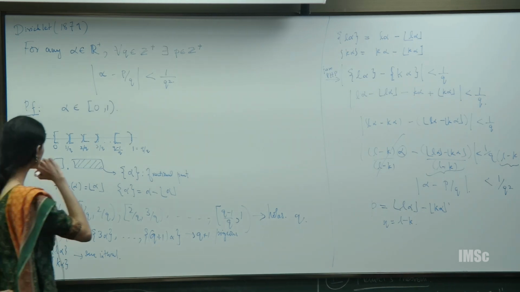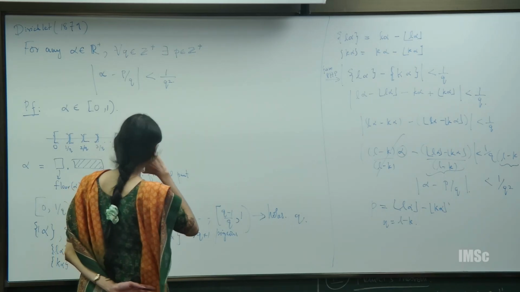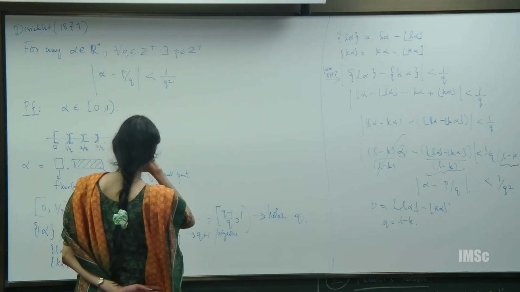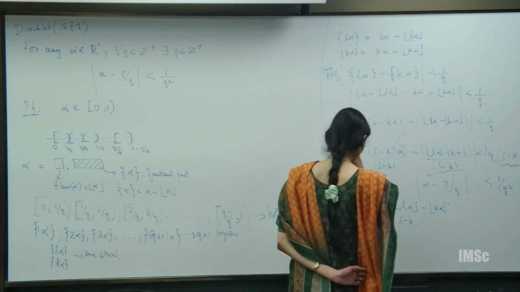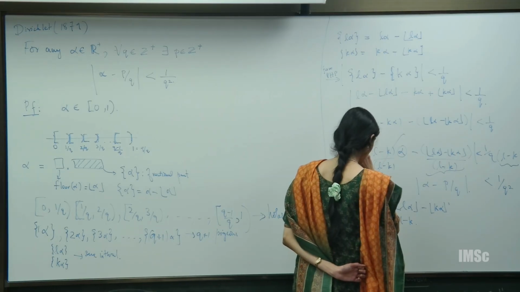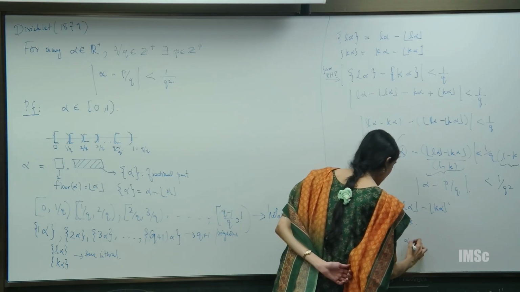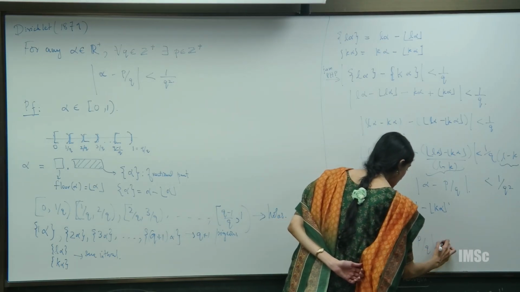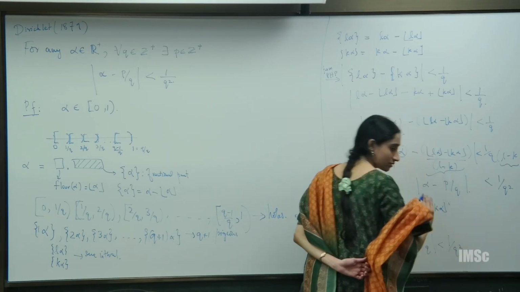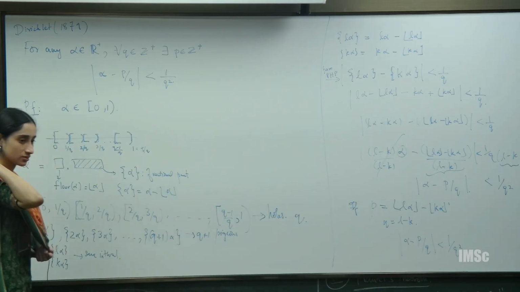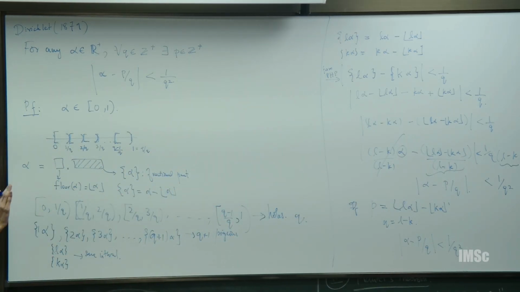In terms of an approximation, that is good. So if P is this and Q is this, then alpha minus P by Q, where alpha is the given real number, is less than 1 by Q square. So this statement is fine. It's just that it will not be exactly Q.